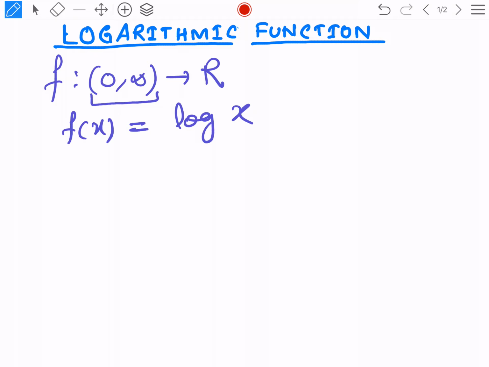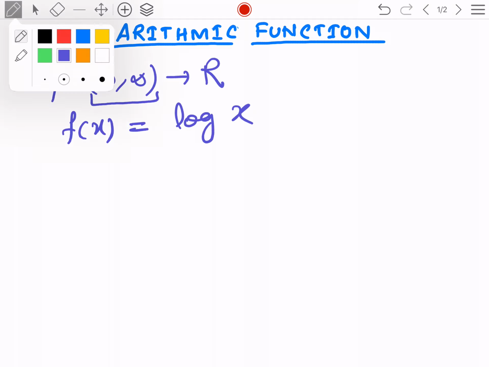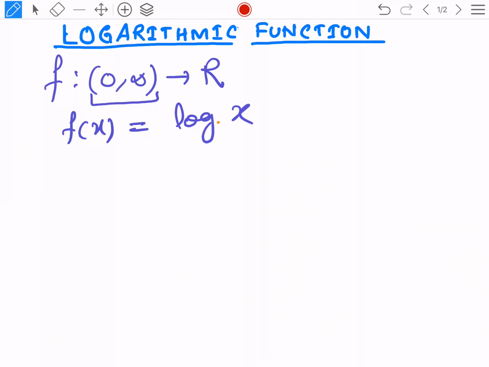One more value we use in this place is called the base, and that is also always a positive number and never equal to 1. Suppose we write it as a. So the log function is generally represented in the form log of x base a. f of x is equal to log of x base a.